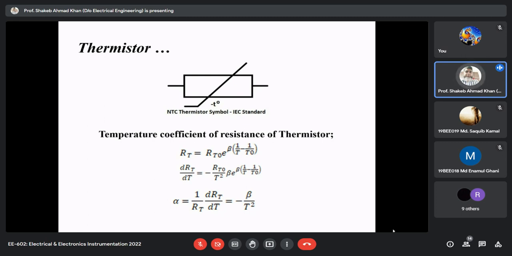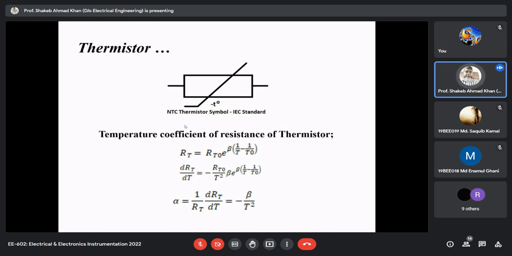As far as the temperature coefficient of resistance is concerned, by general definition it is the rate of change of resistance of the resistive thermal sensor with respect to change in temperature to which your thermistor is exposed.